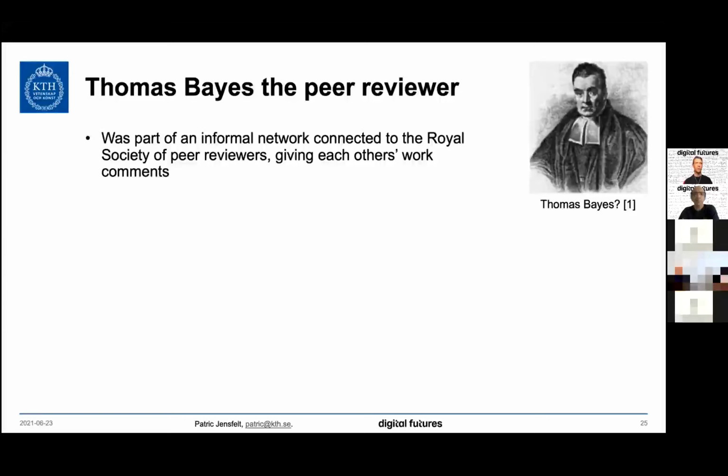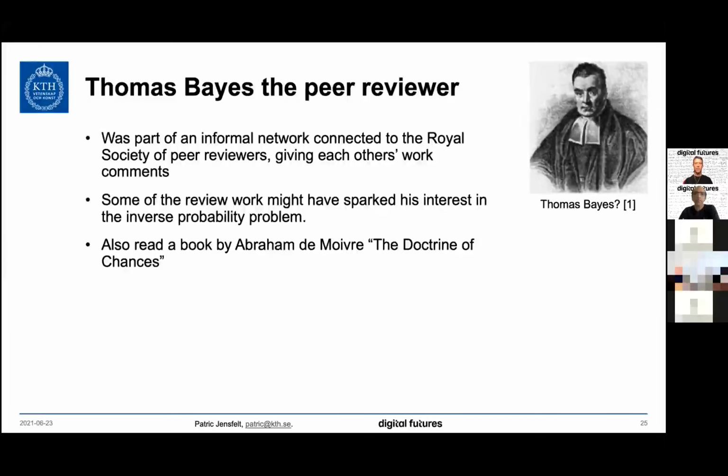Here's a picture of Thomas Bayes as well, or it's not clear if it is actually him, according to some sources, but this is the picture we often see, at least. Some of this review work might have been the thing that actually made him go into the area of so-called inverse probability that we will look at closer soon.